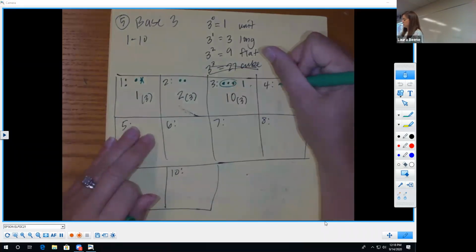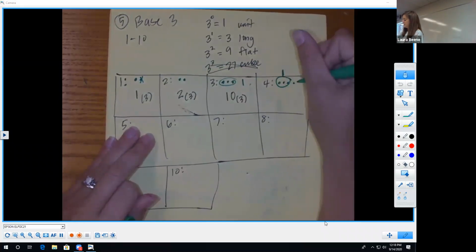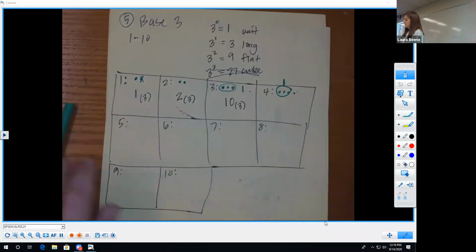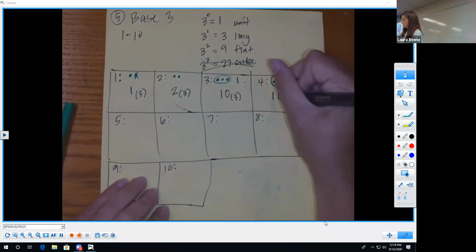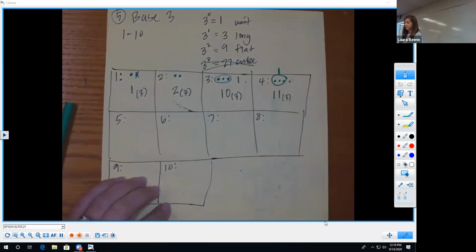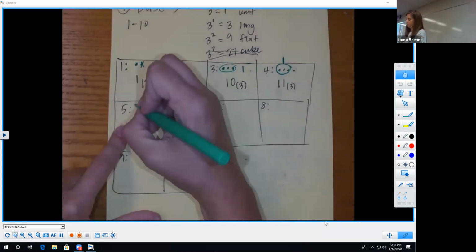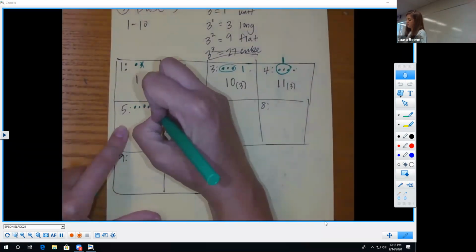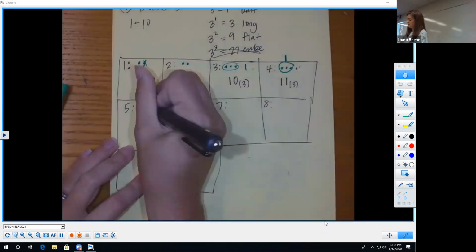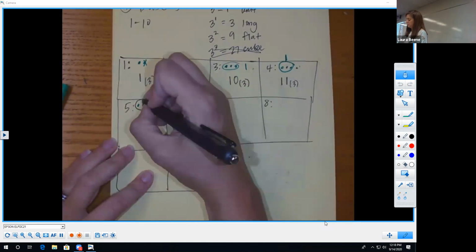For 4 units, again, 3 of them make a long, and then I have 1 unit left over. So that would be 1 long, 1 unit in base 3. For 5, if you want to put 5 dots, again, 3 of them make a long, and I have 2 units left over.